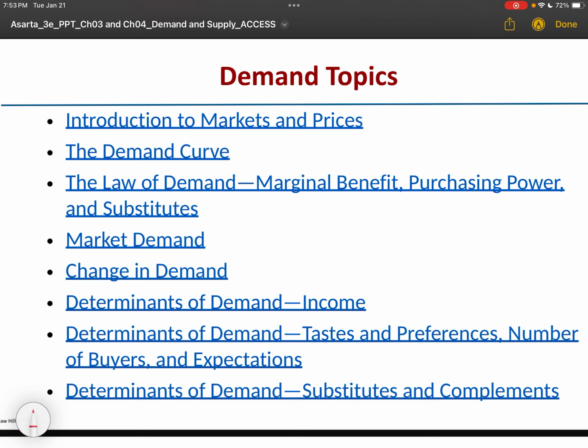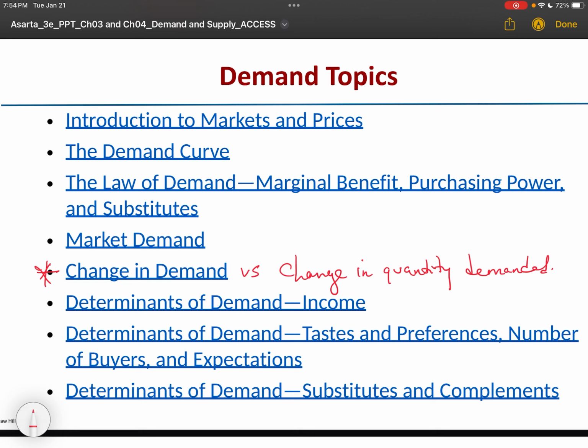After that, we will understand what it takes to get the market demand. If you're just looking at demand from individuals, you're basically going to sum them up, okay? Then we'll compare a change in demand versus a change in quantity demanded. It's very important that you note the difference between a change in demand and a change in quantity demanded.